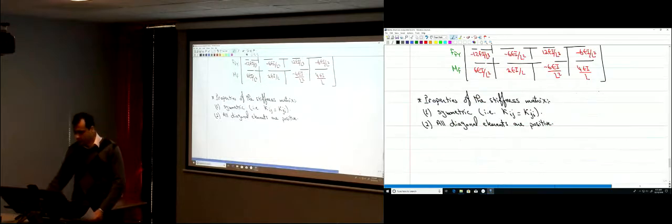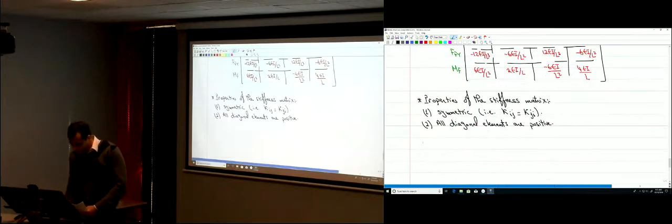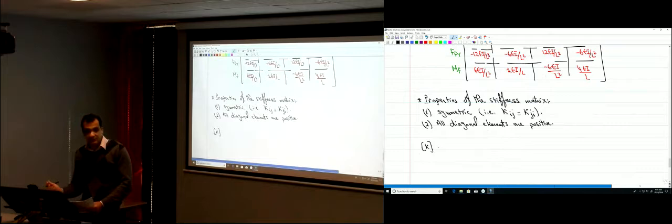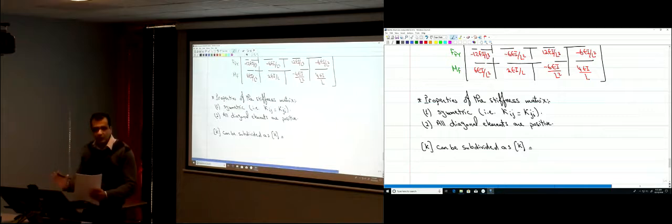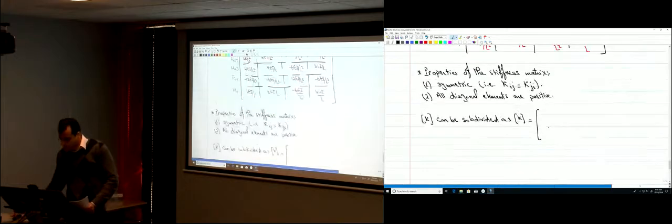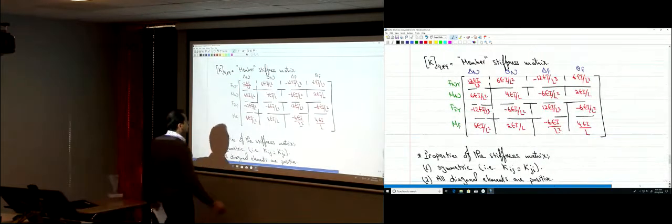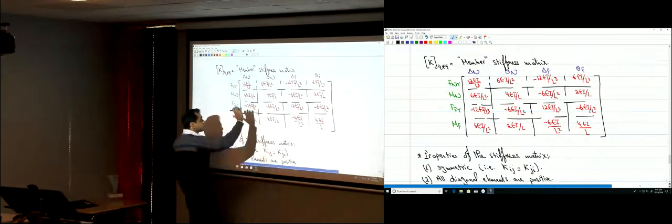So this is one property. Another thing, which is not a property but something you can do with this stiffness matrix, is that it can be subdivided. I can subdivide this K into a set of small matrices. If you look at this matrix, it is 4 by 4, so it has 16 elements, but it has 4 small components.